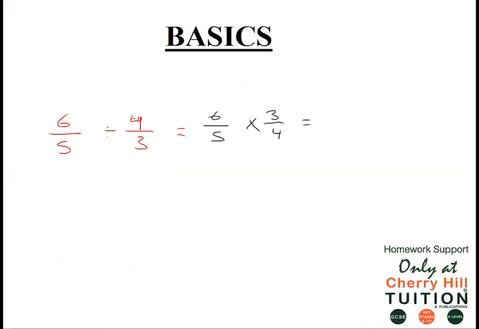And then we just go ahead and multiply. So 6 multiplied by 3 is 18. 5 multiplied by 4 is 20. We can divide both sides by 2 in order to simplify the fraction, leaving us with 9/10. Okay? And that's all you need to do.